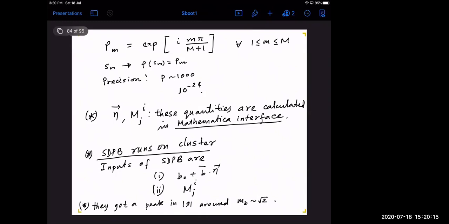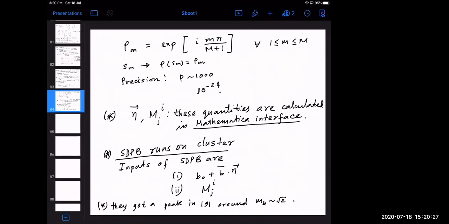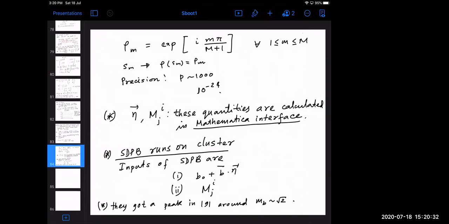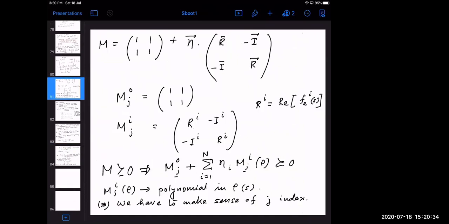Let me clear my confusion. If you look at this constraint, let me go to slide number 81. This is the constraint that has to be satisfied over this whole procedure.